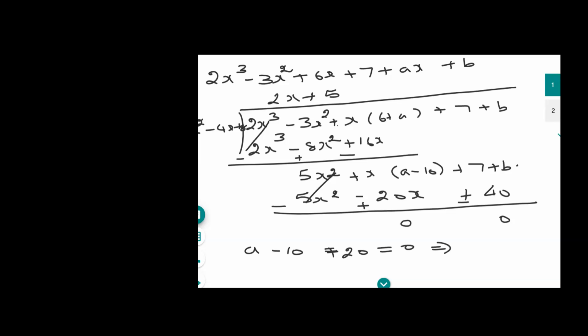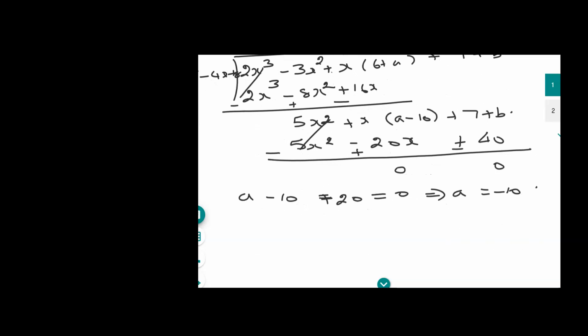In other words, this implies a is equal to 20 minus 10, which is 10. Same way, next is 7 plus b minus 40 is equal to 0, or this implies b is equal to 40 minus 7, which is 33.